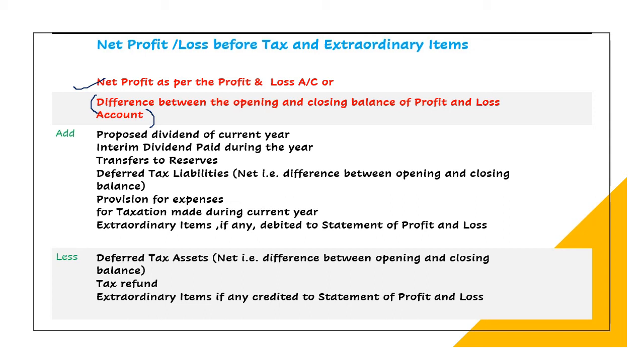For example, proposed dividend of current year, interim dividend paid during the year, transfer to reserve, deferred tax liabilities, provision for expenses, provision for taxation made during the current year, extraordinary items if debited to statement of profit and loss account. We deduct certain incomes like deferred tax assets, tax refund, extraordinary items if any credited to statement of profit and loss account.